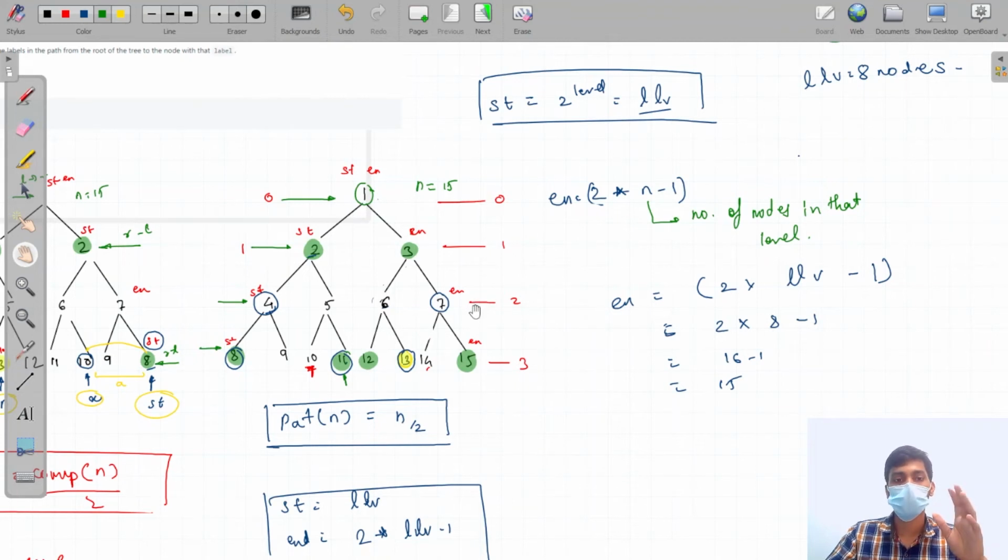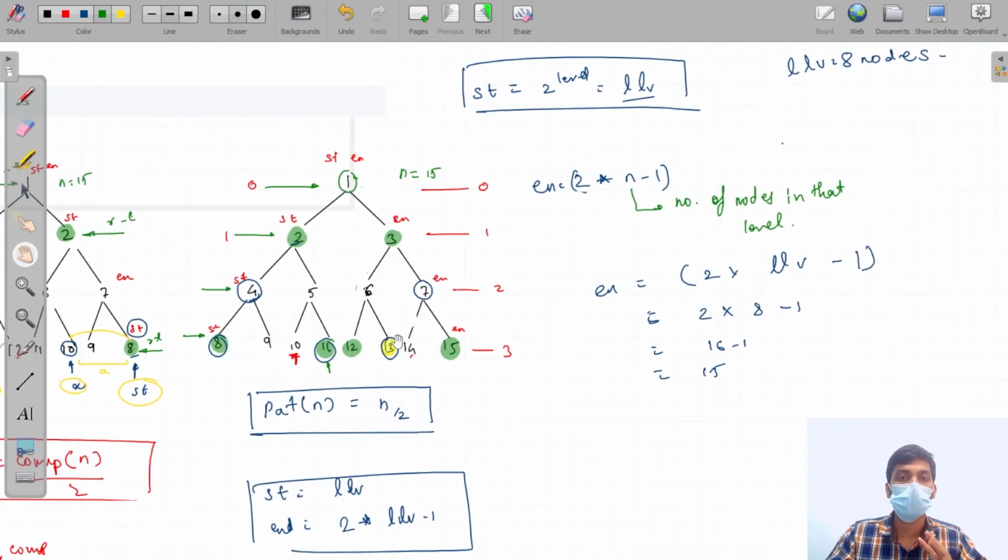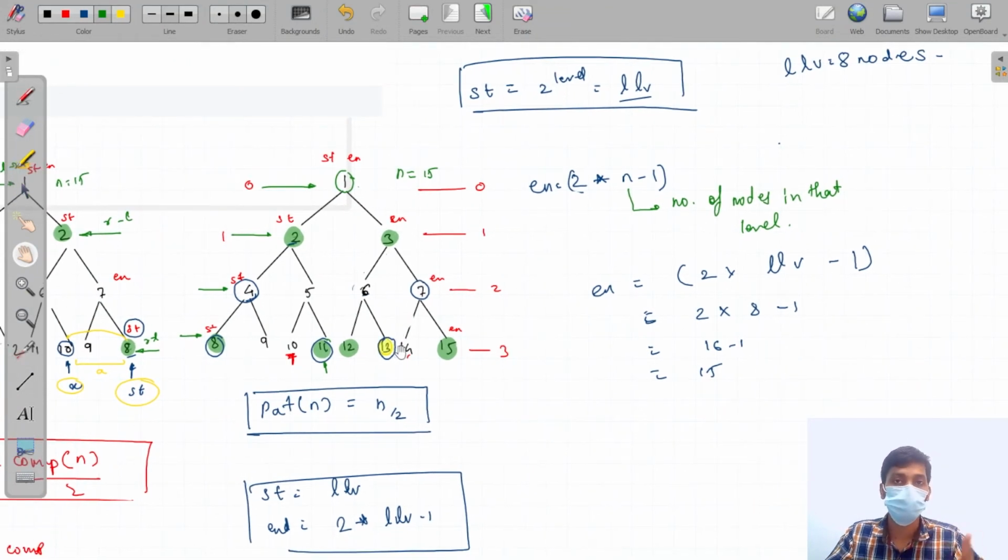That is the simplest definition. For level 2, there are going to be four nodes present, right? We are just recalling the whole thing so that you will not be confused.